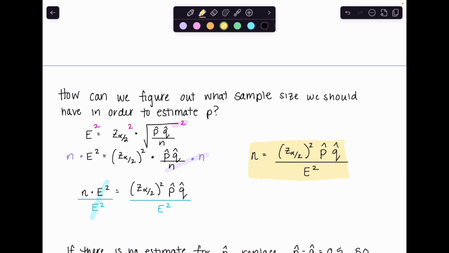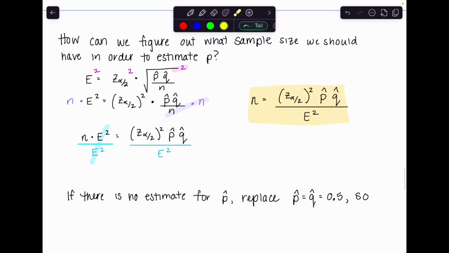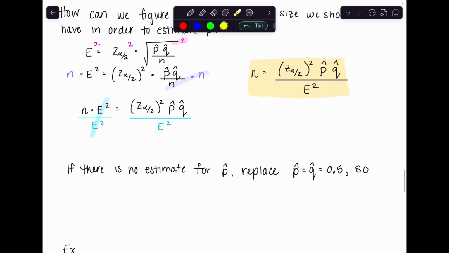within a certain margin of error. Now, if you don't know these estimates, what we're going to do is just assume that it's 50-50. So in this case, we're going to replace both P hat and Q hat by 50%. So when you take the product of these two, 0.5 times 0.5 gives you 0.25.